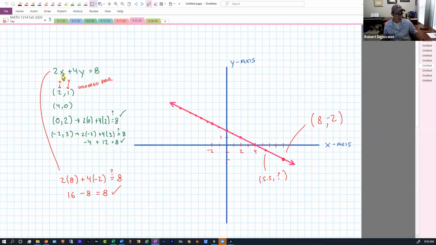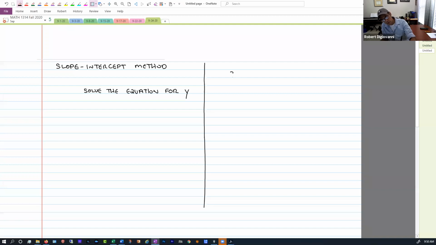It was this one right here. 2x plus 4y equals 8. I'm going to do that problem using the other method. We've already done that problem using the intercept method. Now I'd like to do it using the slope-intercept method. And then maybe at the end we'll talk about which method you liked better, okay?